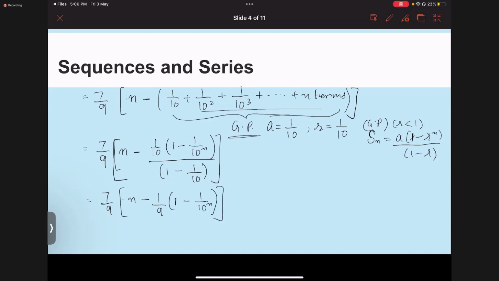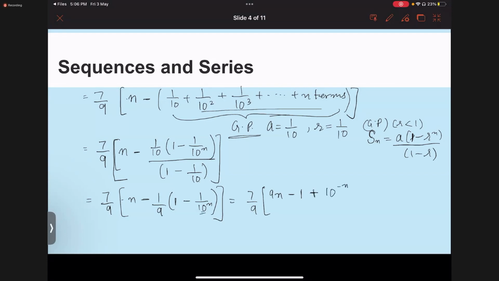Okay, then this can be written in the form as 7 by 9, 9n minus 1, minus, sorry, this will be now plus 10 raised to minus n.